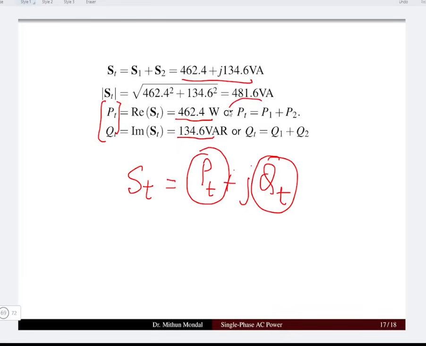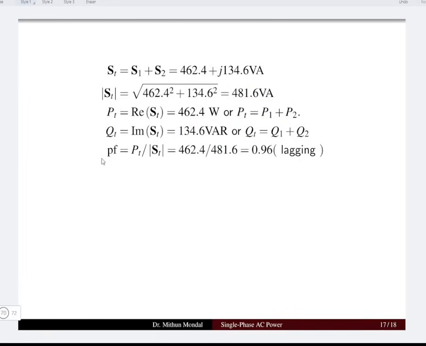So this is the total real power of the two loads and the total reactive power of the two loads. Power factor we can get from the ratio of the total real power divided by the total complex or apparent power, which is equal to 0.96. Since it is positive, it is lagging in nature.